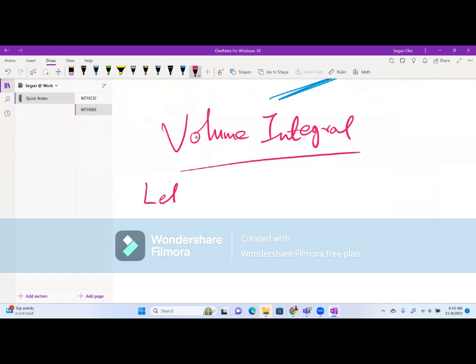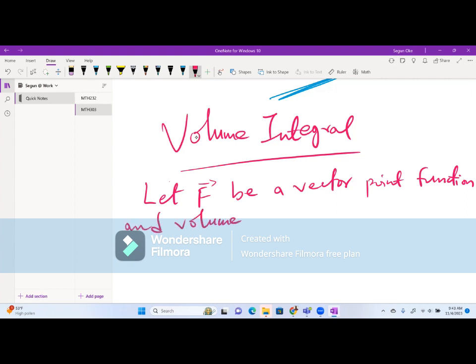Let vector F be a vector point function and volume V enclosed by a closed surface.